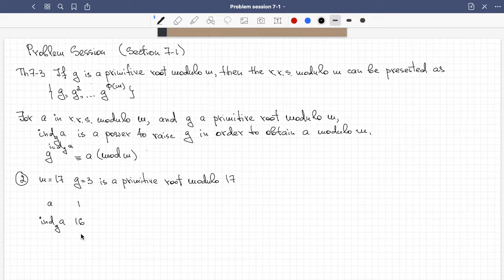This means that 3 to the 16 is congruent to 1 mod 17. This is exactly what this means, that the index of 1 base 3 is 16.